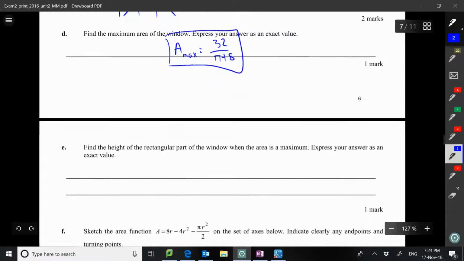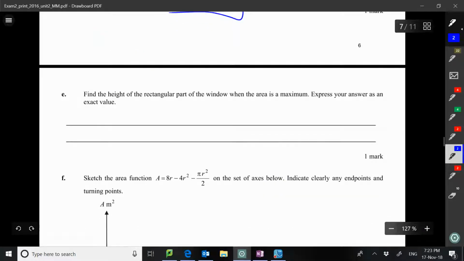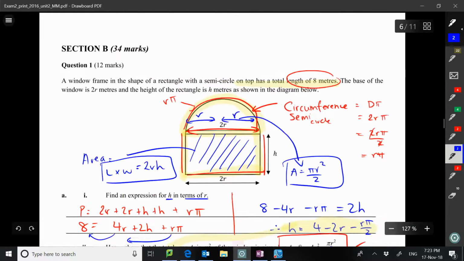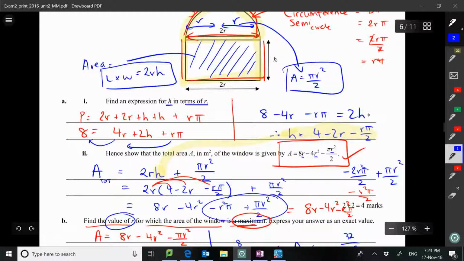Okay. Find the height of the rectangular part of the window when the area is a maximum. So pretty much when the maximum area is 32 over pi plus 8, then you are meant to find the height. Now the height, we had it over here. That's your height.